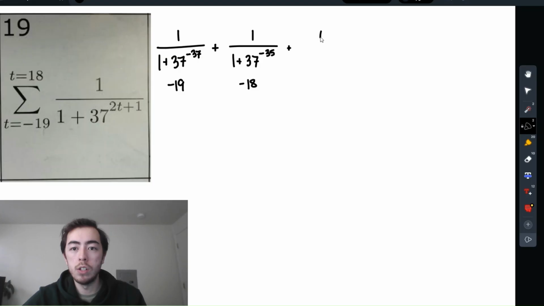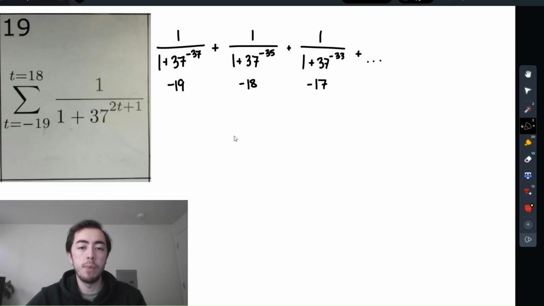And this pattern should just keep continuing. So 1 over 1 plus 37 to the power of negative 33. This corresponds with t being negative 17, so on and so forth. I'm kind of curious what happens in the middle of the sum. Maybe we could think about when t is, say, negative 1, 0, and 1.